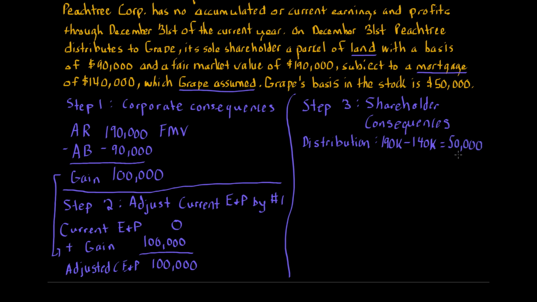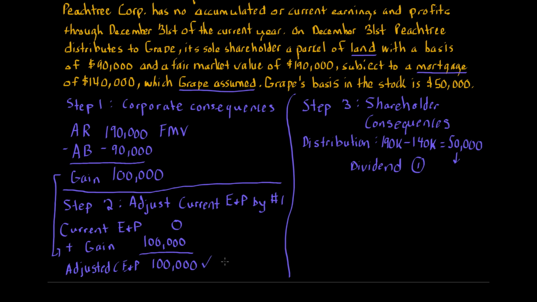Okay, that $50,000 distribution amount, we're going to apply our waterfall. The first stop on the waterfall is dividend. It's a dividend to the extent of total E&P. So here we have no accumulated E&P, which makes that part easy. Current E&P was 0 at the beginning of the problem, but look at this. We use this $100,000 current E&P.